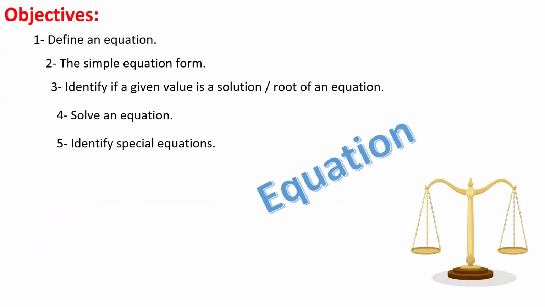As you can see in this slide of objectives, I have written equation and I have here the picture of a balance. What is the relation between an equation and a balance? You know the balance.